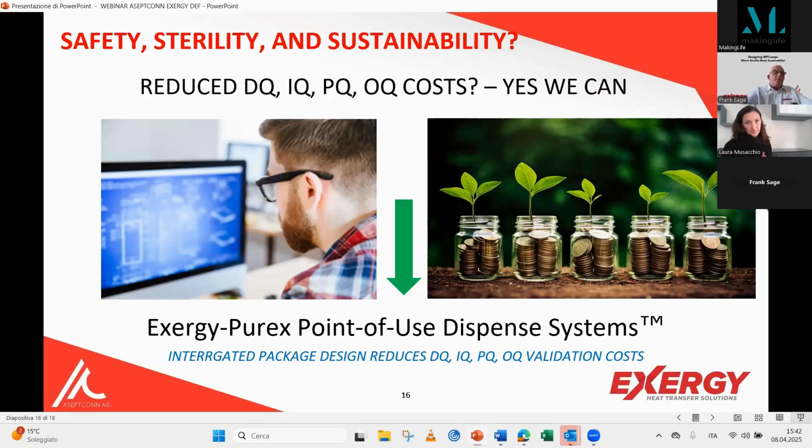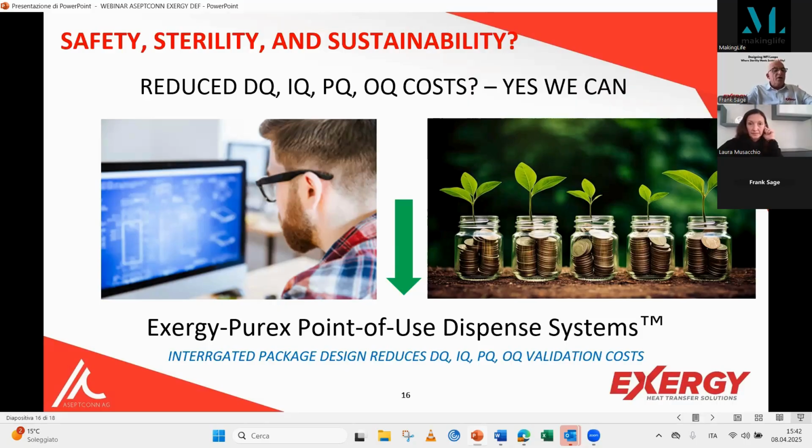When our team are part of an integrated team, very often involving the engineering consultant, the end user, and the third-party process equipment suppliers, in frequent conversation about the integration of our systems to the needs of the process equipment, the communication that's required between each point of use dispense and the plant control system and the various pieces of process equipment, all of this work is done in advance of and in parallel with the build and the delivery of our point of use.